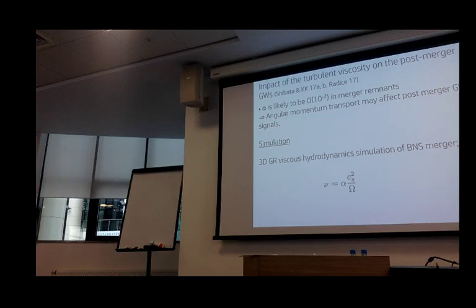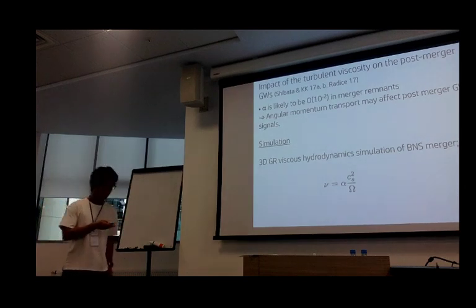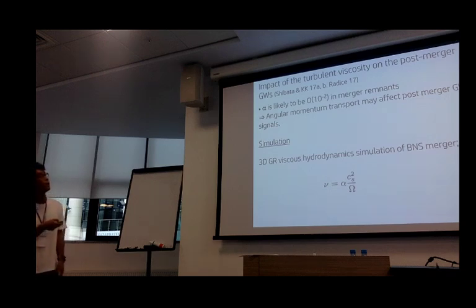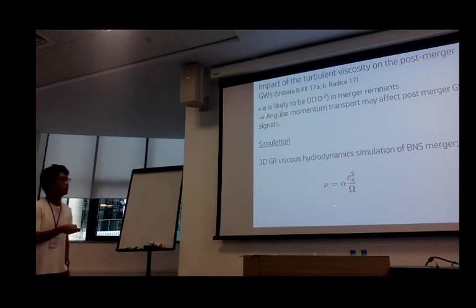Because MHD simulation is super expensive, it's not feasible to do a simulation over the angular momentum transport time scale. So we switch to the viscous hydrodynamic simulation, in which you assume the viscous parameter, which is described by the alpha parameter, sound speed and angular velocity.